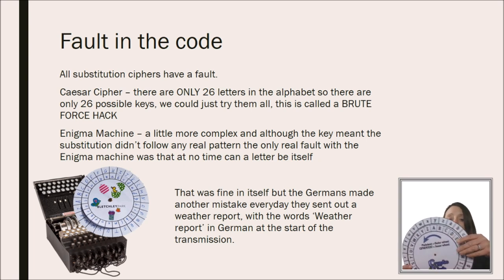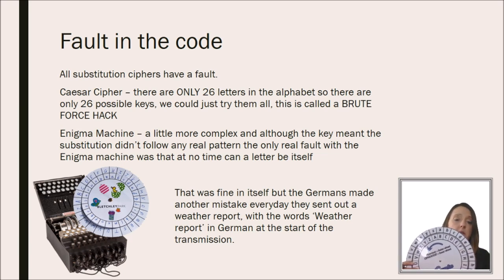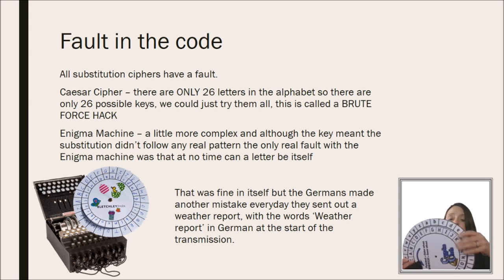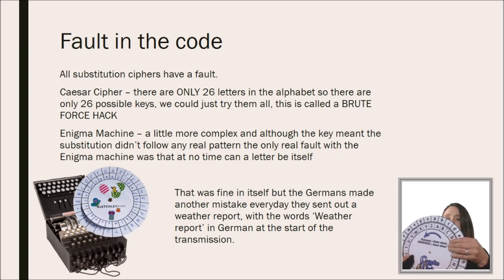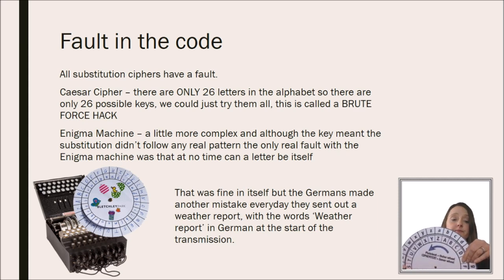If you gave me a code and it was a left shift of 1, A would become B. If it was a left shift of 2, A would become C, we would have D, E, F, and eventually we would get all the way around to A being Z, and then we would start again.